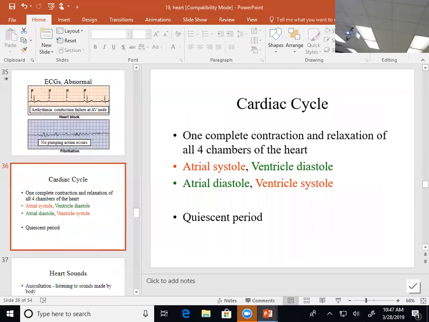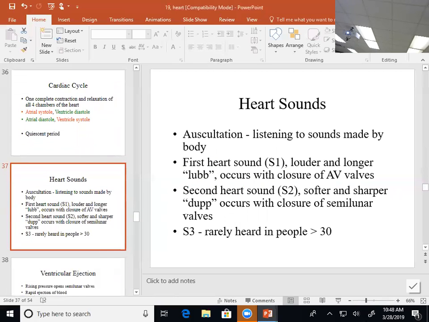All right, so what this is saying to you is that in a cardiac cycle, we'll have the atria contracting while the ventricles are relaxed to receive the blood. And then we have the atria relaxing when the ventricles are contracting and sending blood out to the arteries. Does that make sense? And then there's this quiet period. Have I already told you what the heart sounds are?